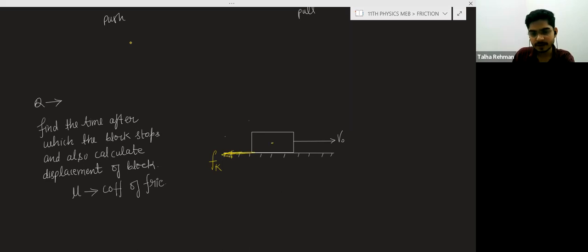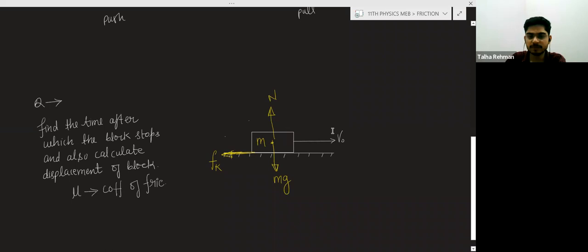And there will be the weight of the block in the downward direction due to the gravitational pull, mg, and normal reaction will be there. This block has mass m.